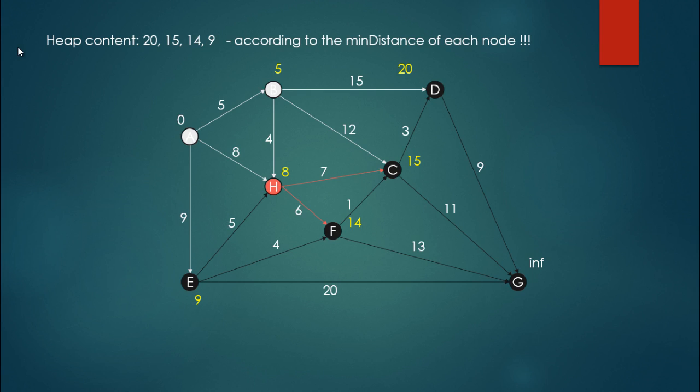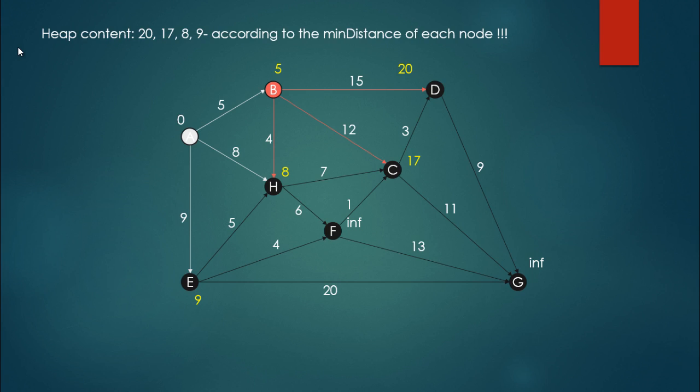So from H we can go to C and F, so we visit each of its neighbors, and we come to the conclusion that it takes a minimum of 8 units to get from the starting node to H, and another 7 to get from H to C. So that's why it's going to be 15.